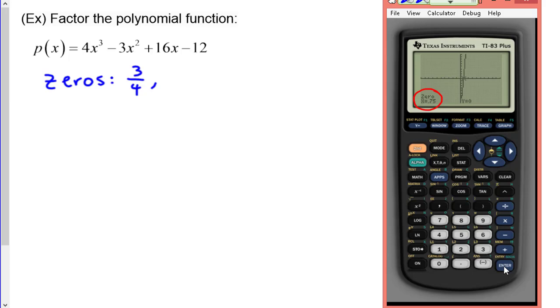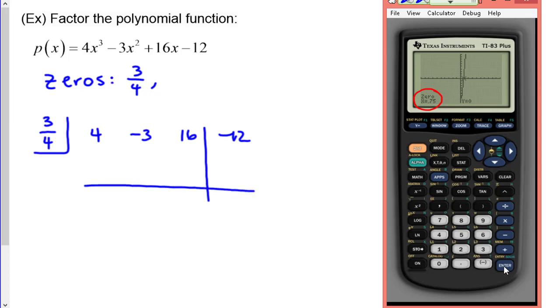All right, but I can do synthetic division on the 3/4 just fine. So 4, -3, 16, -12. So bring the 4 down. 4 times 3/4 is 3. That adds up to 0. 16, 3/4 times 16. 16 over 4 is 4. 3 times 4 is 12. Add those together.